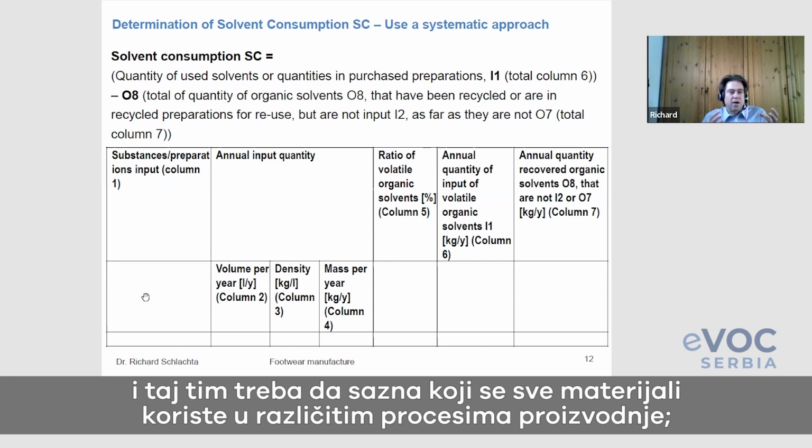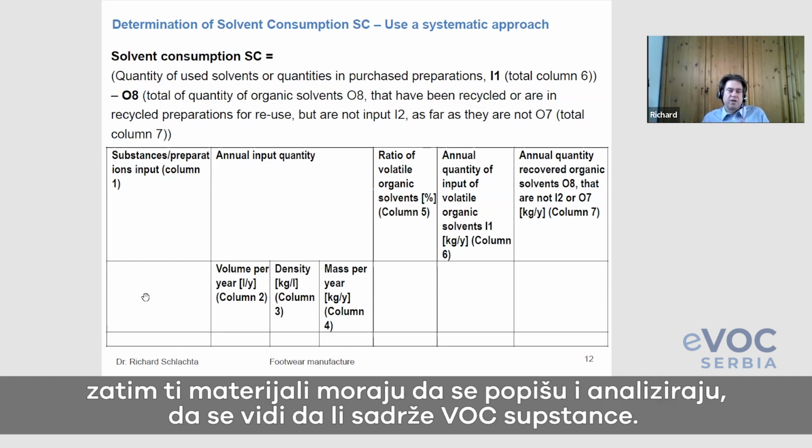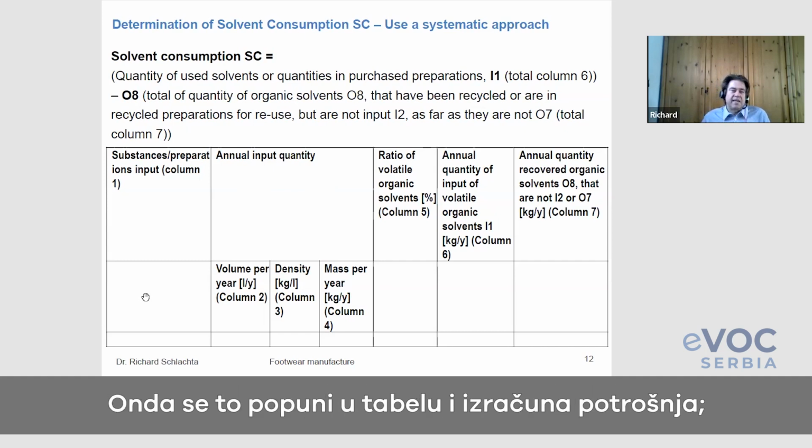They must learn what materials are used in the different production processes. That's the first step. Then you have to list all the materials and analyze if they contain VOC solvents. Then you write this in such a table, and you need the consumption.